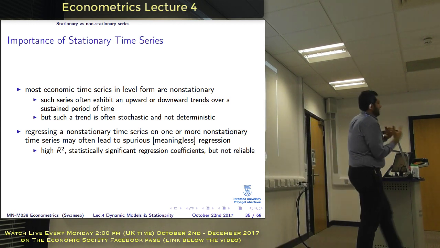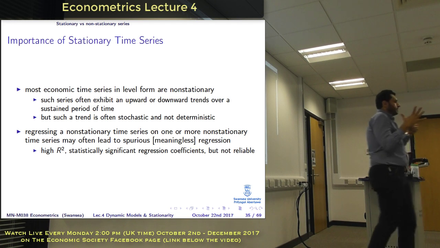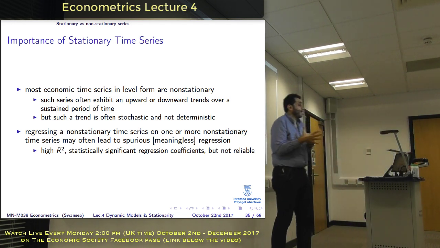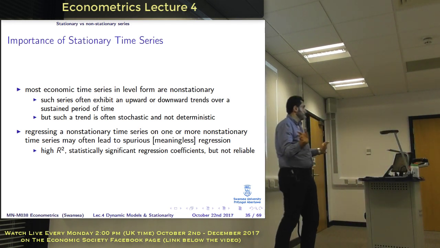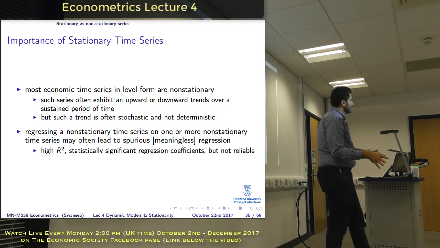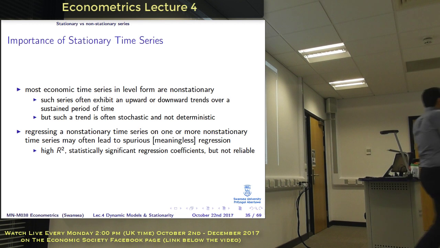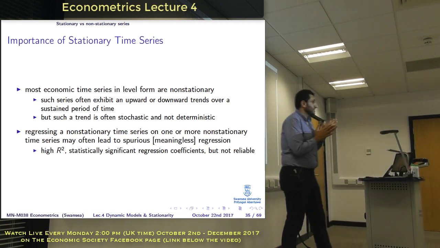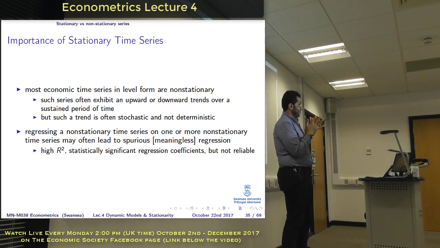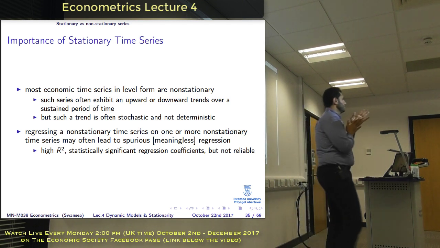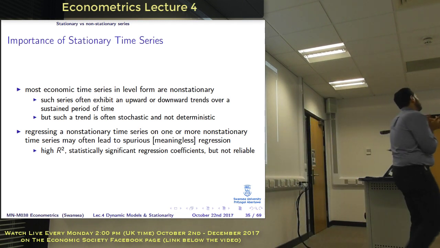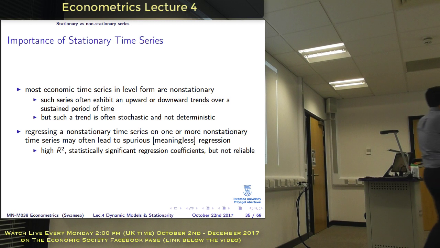If, for example, you get data for two variables that are not related at all, let's say your height and the GDP, and you regress these two together, you might get significant results, meaning your height determines the GDP. It doesn't make sense. Or your height determines your income, for example.